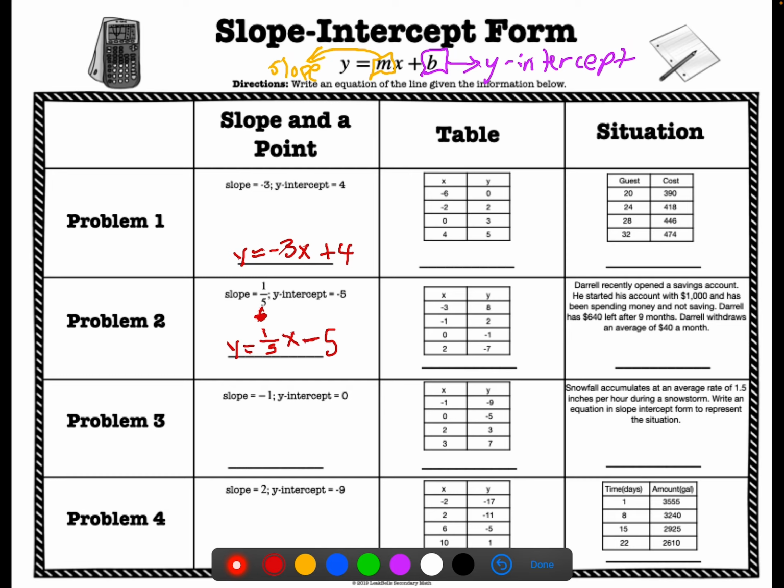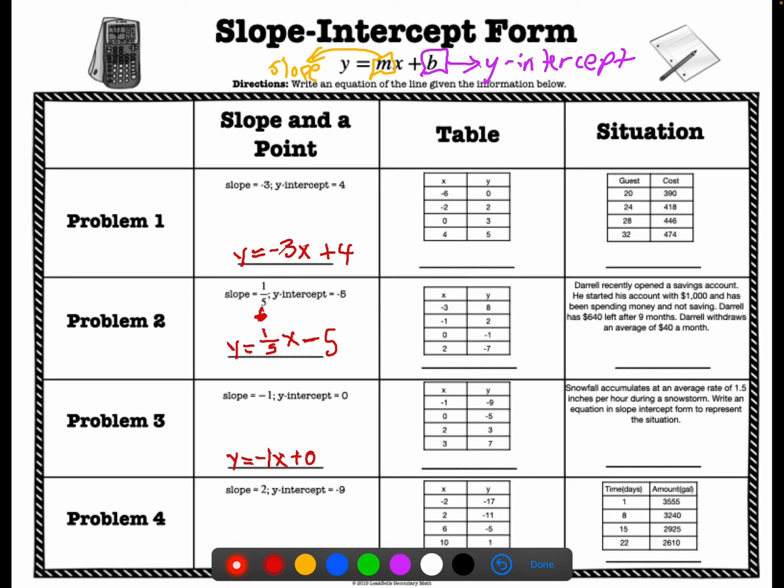Let's talk about problem number 3. We are given that the slope is -1 and the y-intercept is 0. So when we plug this into the equation, we have y equals, and for our m, we're going to write -1x. And for our b, we can write 0, so plus 0.